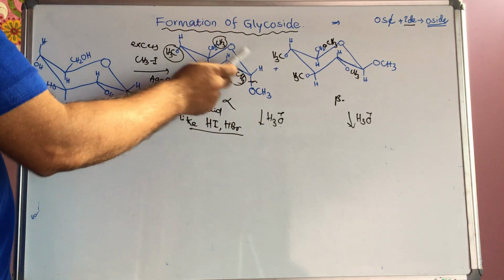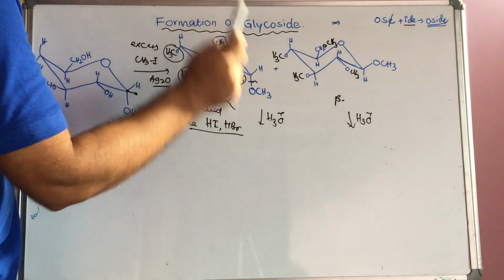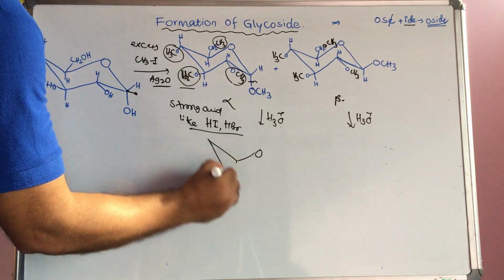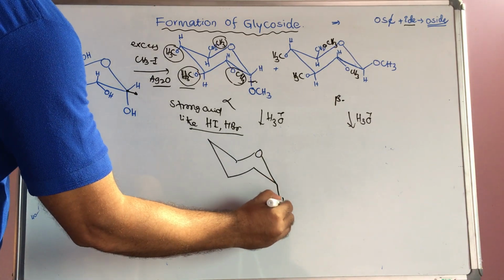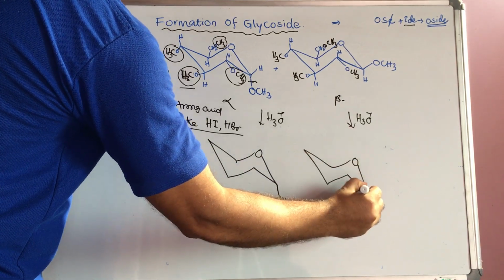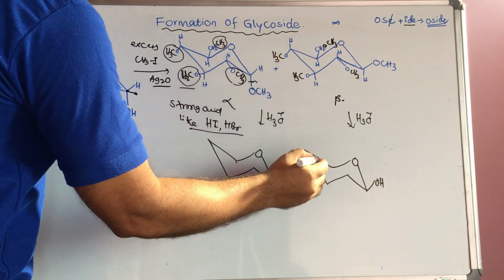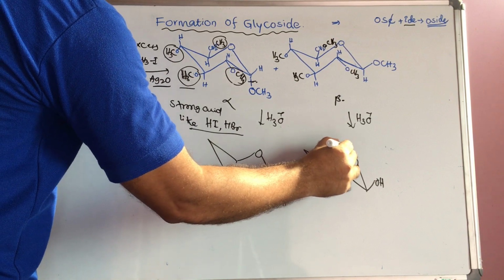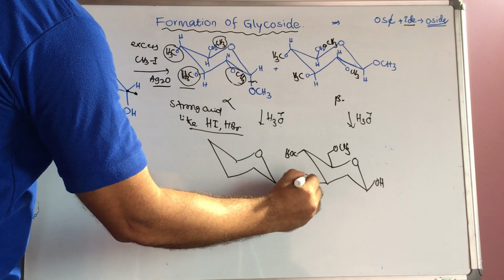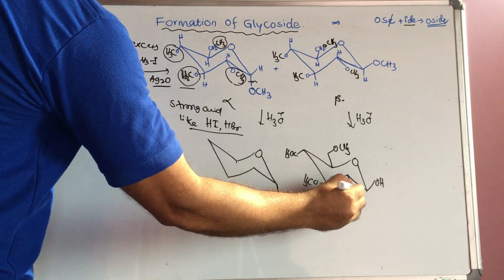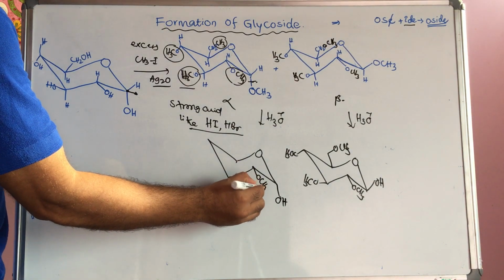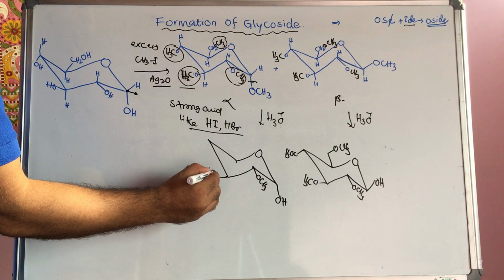These are normal ether groups. The acetal ether will be affected, and we will get OH here. The remaining ether parts will remain the same. Here also the remaining part will be the same. There is no change.